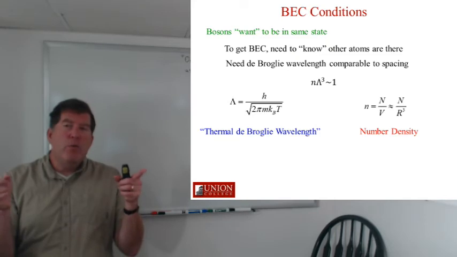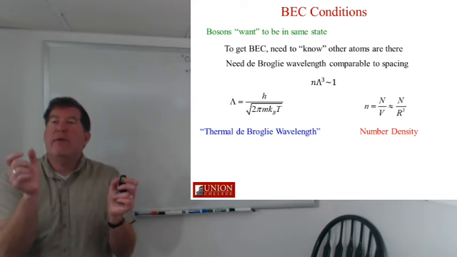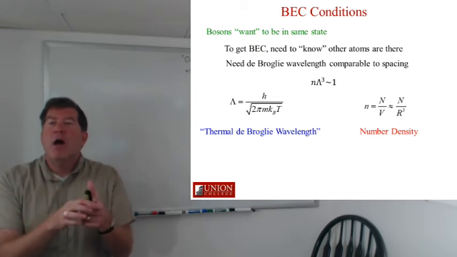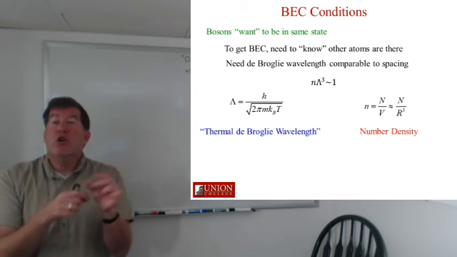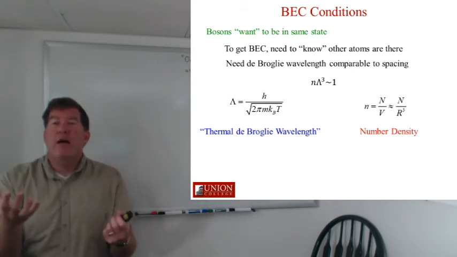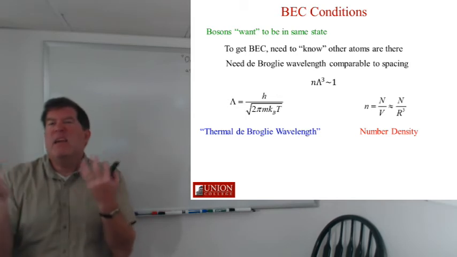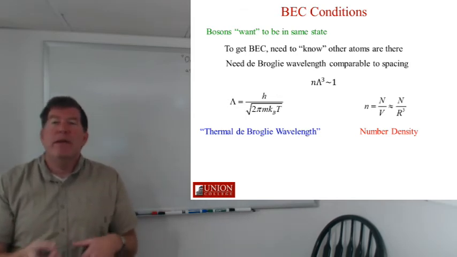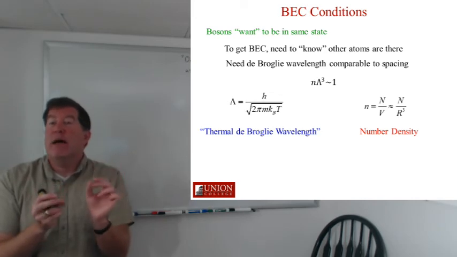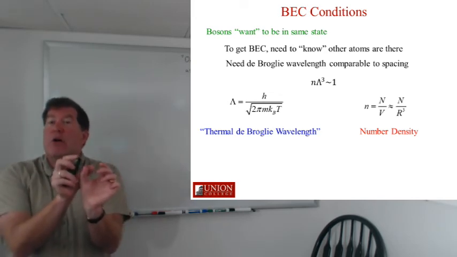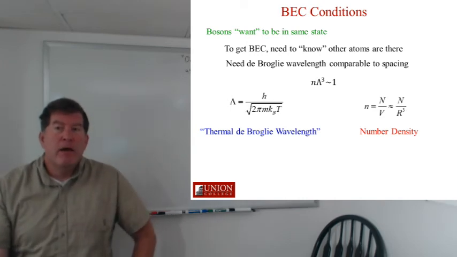We want the distance between atoms to be comparable to the wavelength, so we want the wavelength cubed defines a volume that, if we multiply that by the density, we want that to be about 1. Right, we want 1-ish atoms per cubic de Broglie wavelength. At that point, they're starting to overlap with each other, and you're going to get Bose-Einstein condensation.